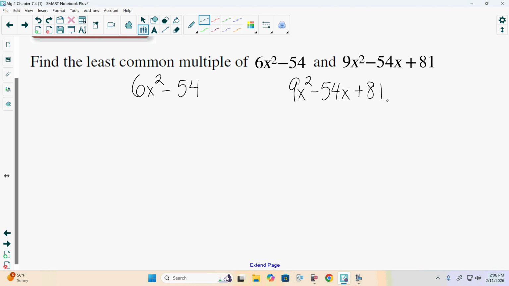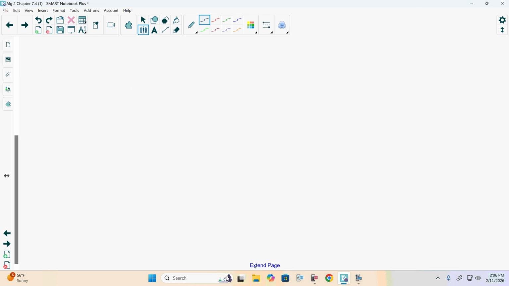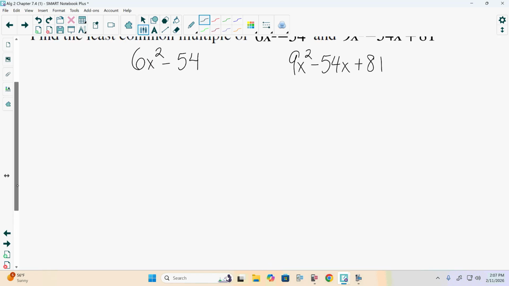Is there a number or term in common with both? Is there a number that goes into both 6x squared and 54? Or does it divide by 6?